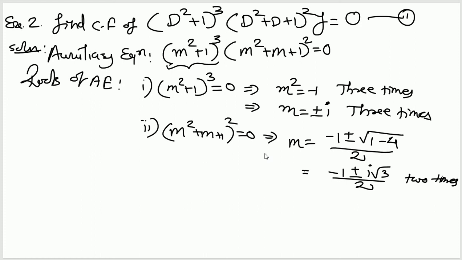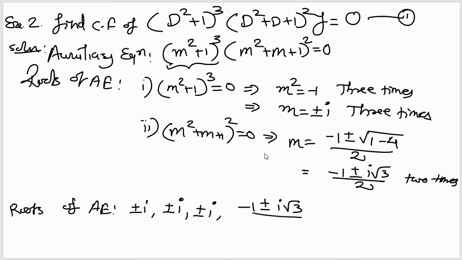Okay, so let's write all the roots here. Roots of auxiliary equation are ±i, ±i, ±i. These are 6 roots, and then (-1 ± i√3)/2, and (-1 ± i√3)/2. So this is how we got all 10 roots here.